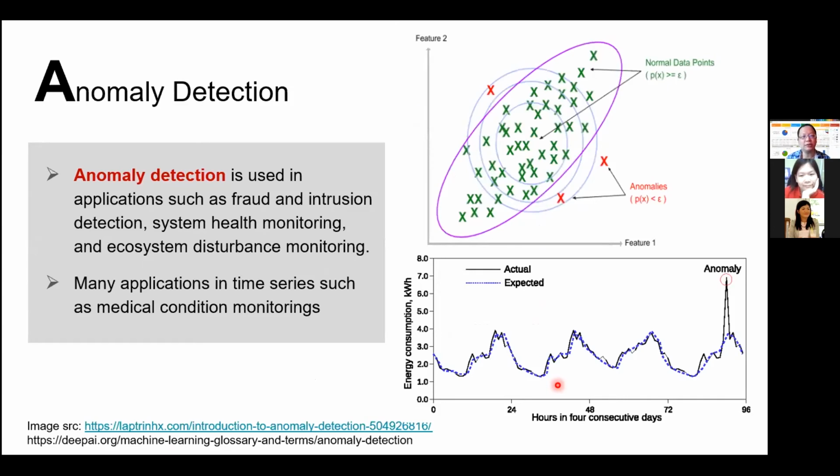The next algorithm is anomaly detection, where we have data of normal operation of any data that we collected.